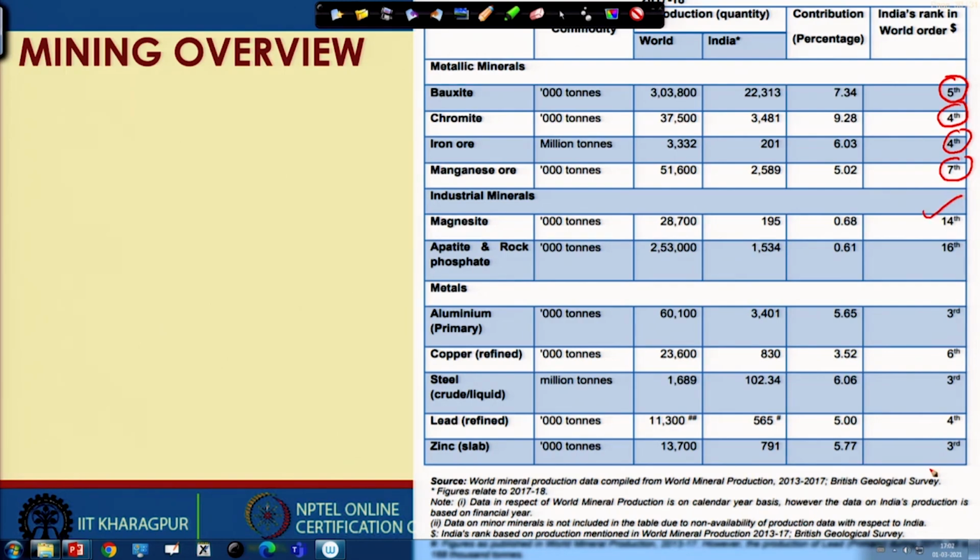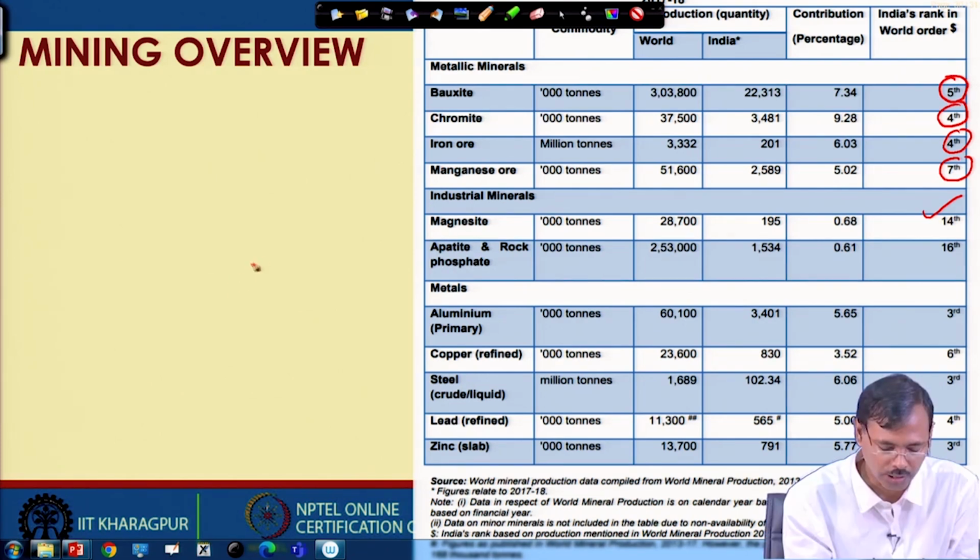Now, if you look at our maximum production, obviously in India we have aggregate stone, sand and aggregate.